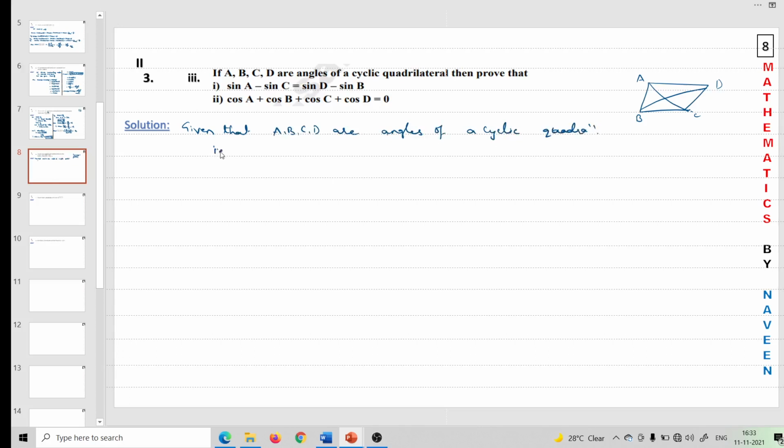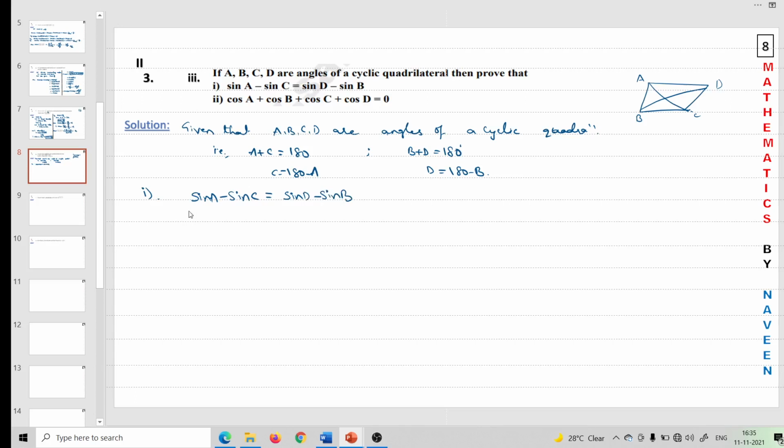That is, A plus C is equal to 180, B plus D is equal to 180. So from this we can write C is equal to 180 minus A and D is equal to 180 minus B. Now the first one I am proving here. LHS is equal to sin A minus sin C. That is equal to, what is RHS? Sin D minus sin B, right?